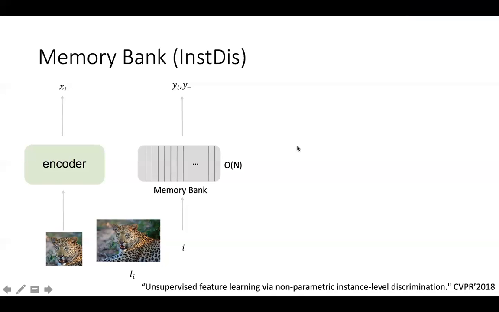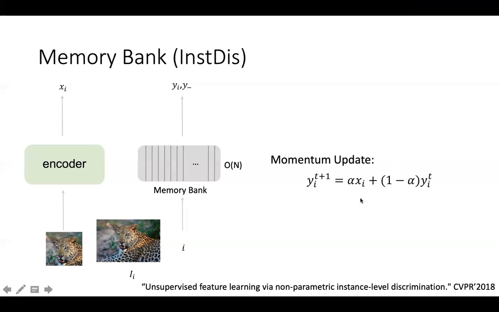So you really have to maintain the stationarity of the features in the memory bank. So how to do it is you have some momentum update. You update the memory by combining some of the current feature and some of the EMA from the previous epochs.